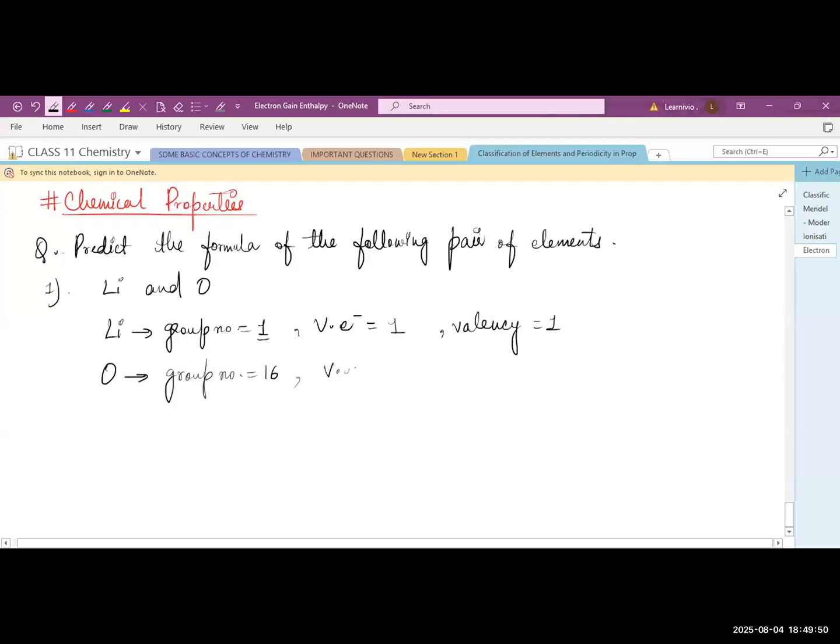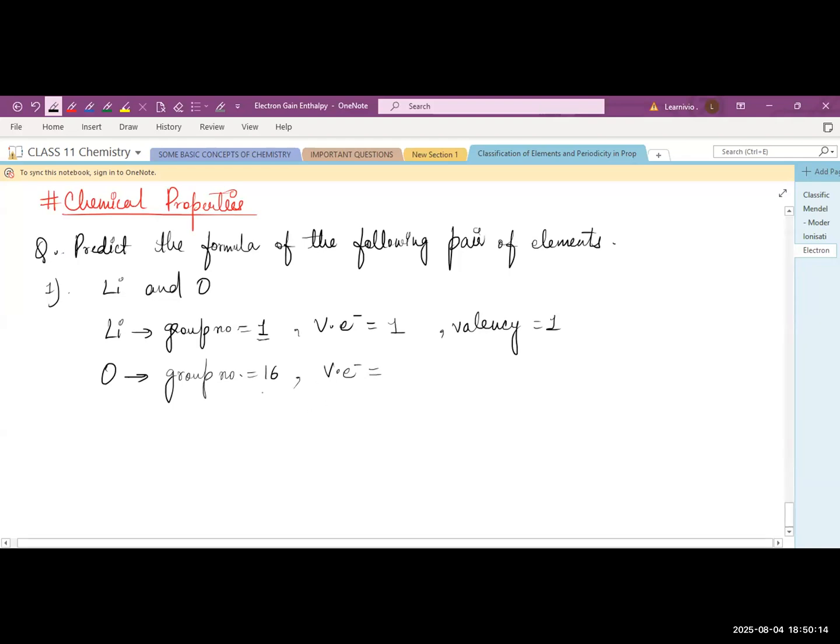What will be the valence electron? Yes, Sanidhi? Will it be 2? Very good. No, I'm asking valence electron, Aisha, not valency. That will be 6, and then the valency will be 2.